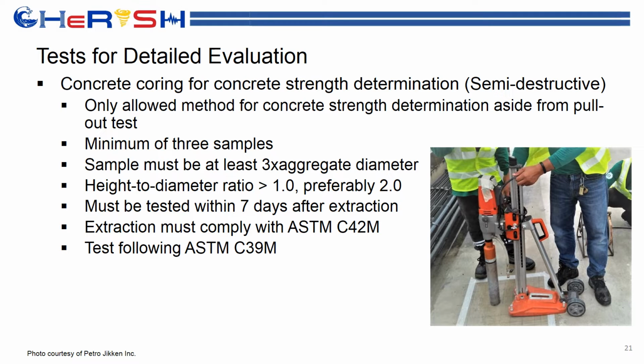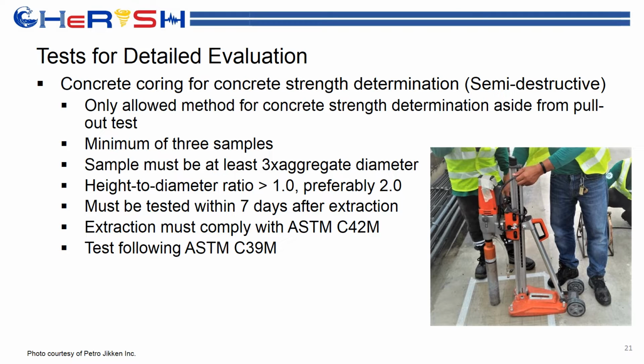At the same time, based on concrete mechanics, samples with a lower height to diameter ratio tend to have a higher compressive strength, and that is due to the confinement effect provided in between the platens. That is the reason why the height to diameter ratio is recommended to be at least greater than 1. But really, based on experience, the preferable H by D ratio is 2.0.